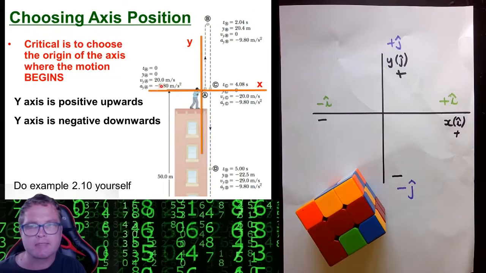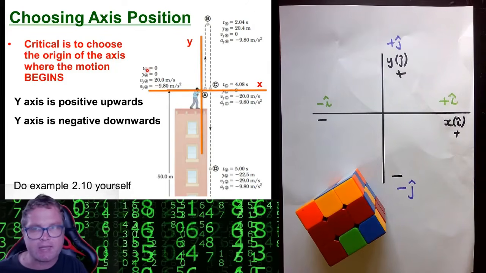It's thrown upwards at position A, at time t_A. Then it's going upwards, reaching the top. At the top it's obviously going to stop. This refers to position B, and then it's falling down past the person again at position C and falling down to position D. So let's have a look at the different quantities that apply to the different cases.